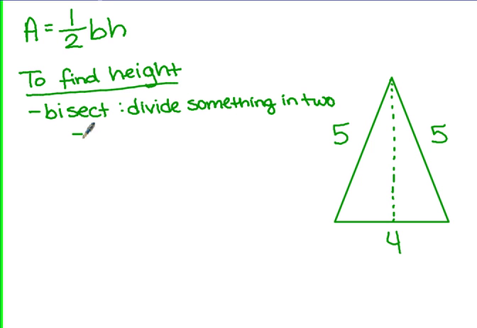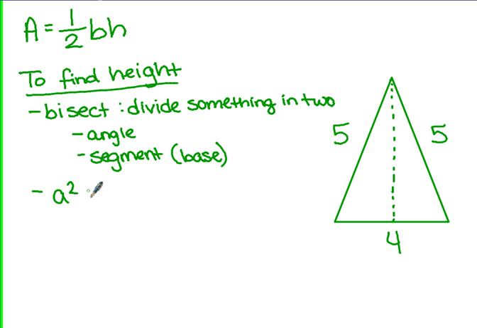When we bisect the angle, it also means that we're bisecting the segment, or the base. Once we bisect it, we need to use the Pythagorean theorem to solve for the height. All right, so we're going to use a squared plus b squared equals c squared to solve for the height.